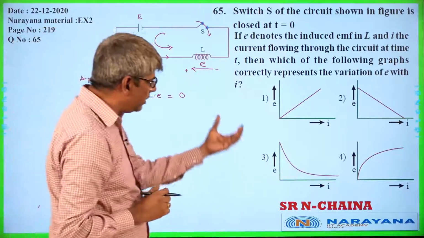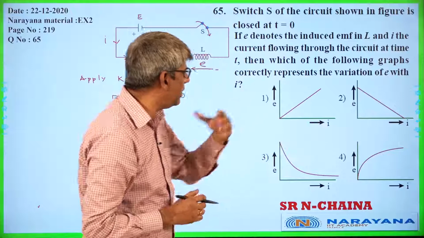Now in all the graphs, e is on the y-axis and current on the x-axis.